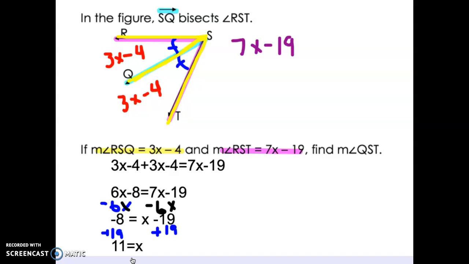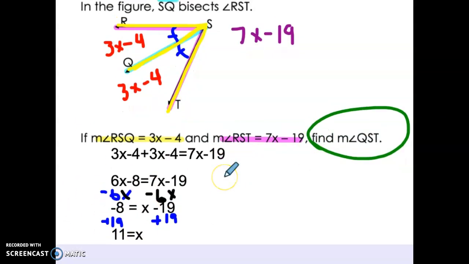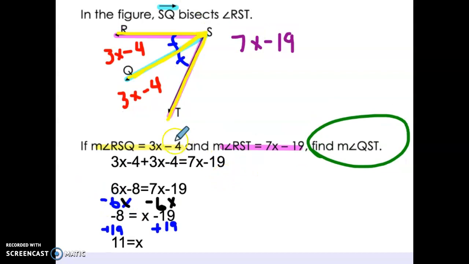You might think that you're done because you found x, but we're not done because the problem doesn't want us to find x. It asks us to find the measure of angle QST. So we're going to use the fact that x is 11 to find the measure of angle QST.